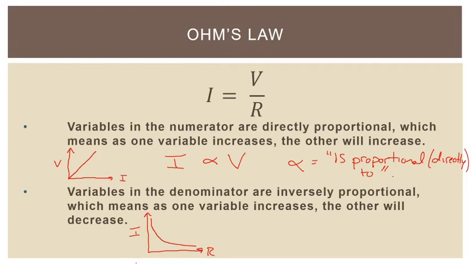And the symbol that we're going to use for inversely proportional is actually going to be the same. And I want you to think about this for a second. There is no symbol for inversely proportional. And so notice we are going to say, again, the current is directly proportional to something. And so I want you to take a moment to think about this. If we are saying the current is directly proportional to something, but the current and the resistance are actually inversely proportional, how are we going to write that?